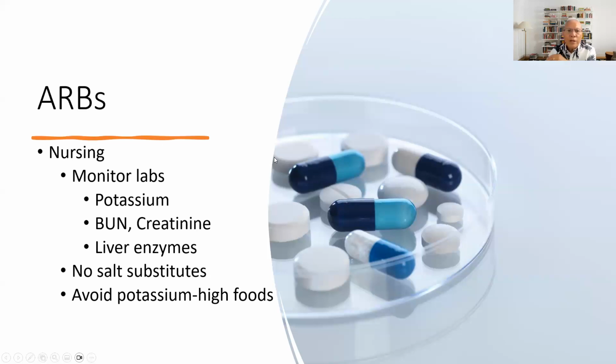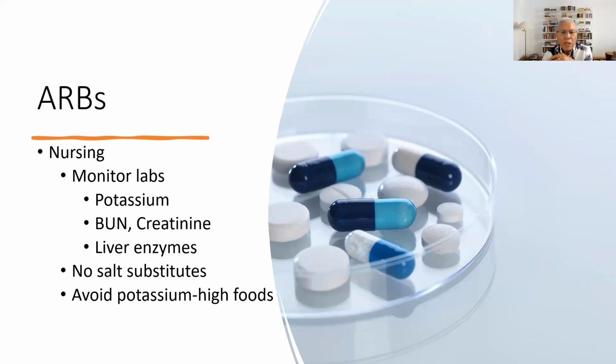All right, so what are the responsibilities of the nurse as far as angiotensin receptor blockers are concerned? Well, make sure that we always monitor potassium. Why? Because ARBs, like ACE inhibitors, can cause hyperkalemia. You also need to monitor the BUN and creatinine because patients might have an elevation in BUN and creatinine, which could be caused by renal failure.